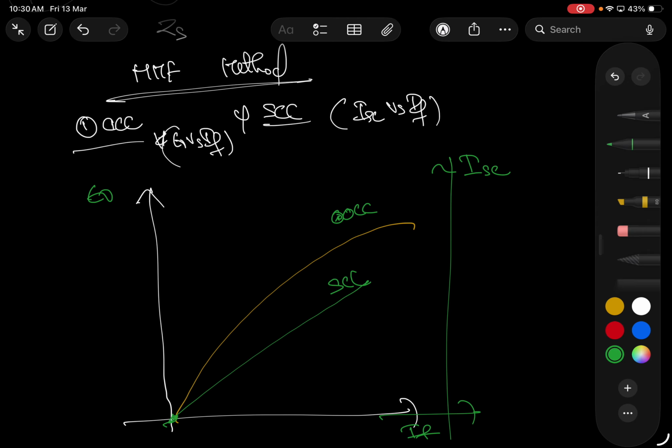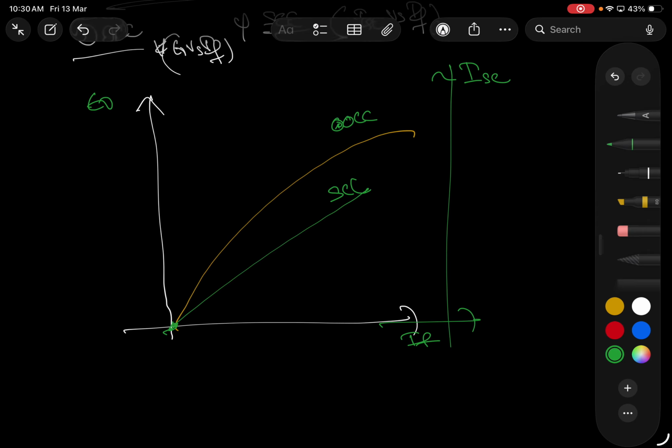Now from this we will measure two important parameters. The first is IFM. What is IFM here?